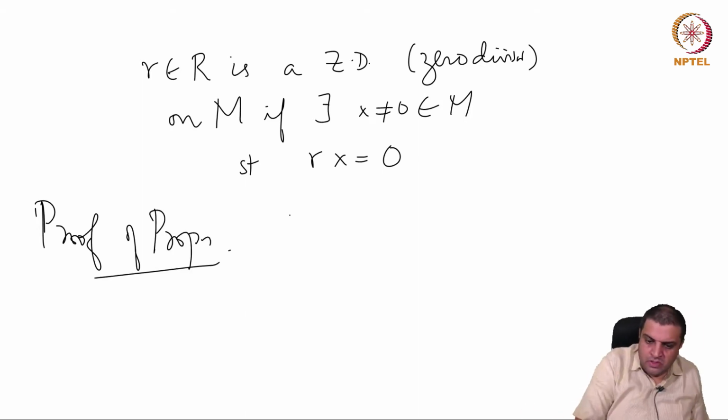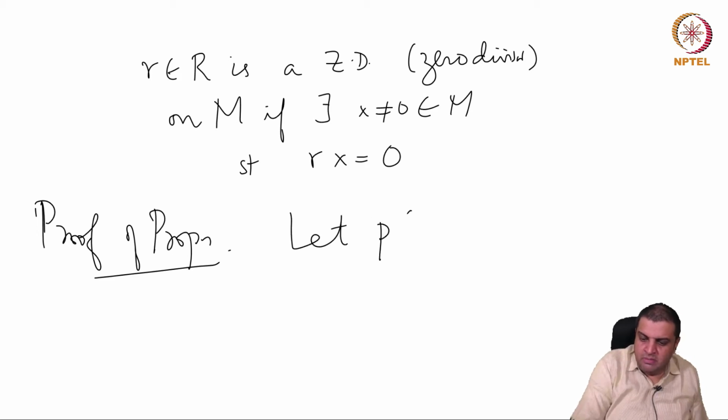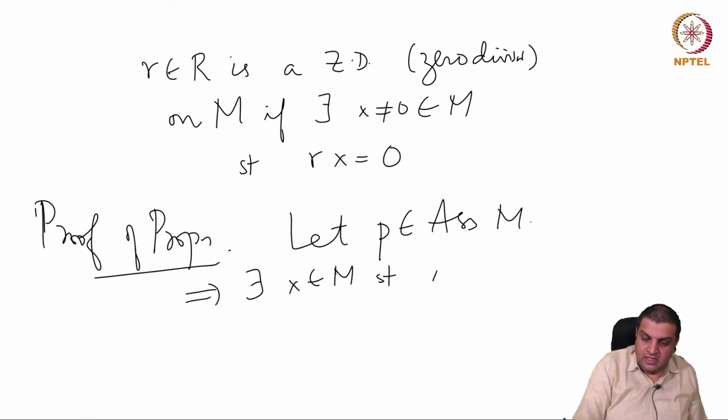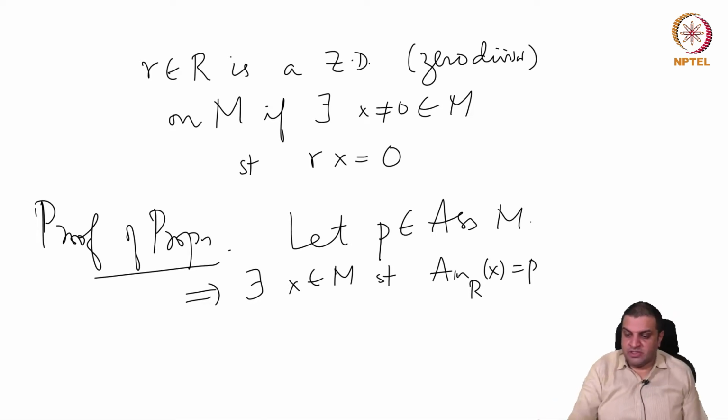Okay, so let P be associated to M. This implies that there exists x in M such that the annihilator of x is equal to P. And if the annihilator of an element is a proper ideal, then it must be a non-zero x.